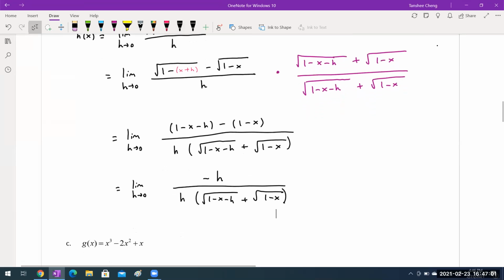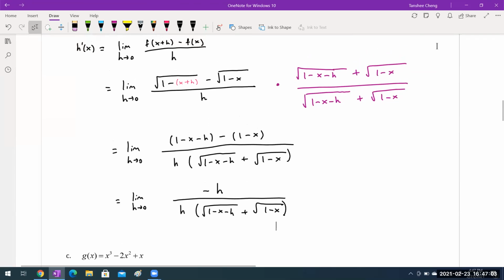Now, what I can do is reduce the h together, and then that will give us the limit as h approaches 0 of negative 1 over square root of x minus h minus 1 plus square root of 1 minus x.